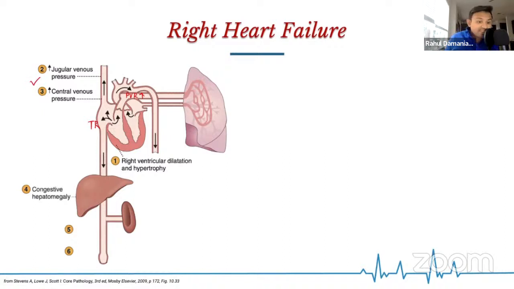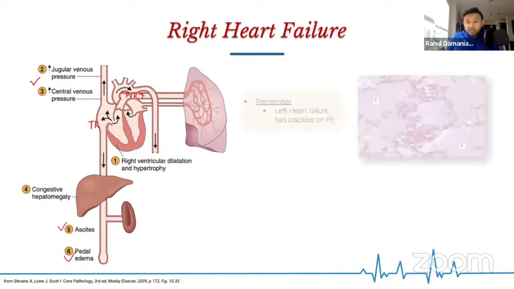Patients are also going to have this congestive hepatomegaly because now you are going to have blood backing up into the IVC and the hepatic vein. Patients are also going to have ascites because now your splanchnic or portal circulation is going to have increased amounts of blood that is going to extravasate into the peritoneum. And then finally, patients are going to have increased hydrostatic pressures in their lower extremities, and that is known as pedal or pitting edema.